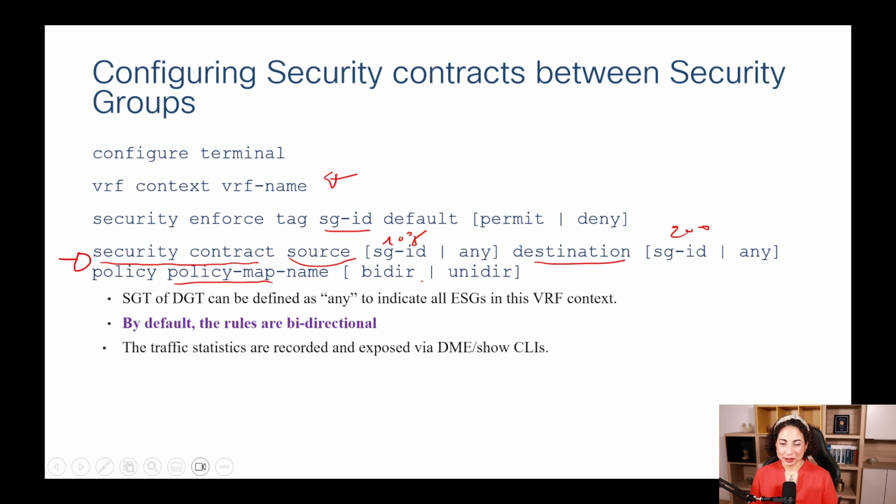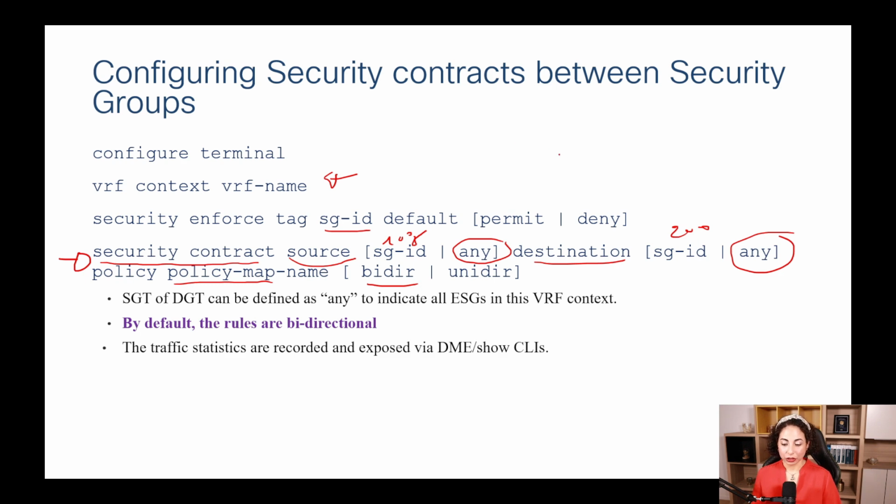There are many important points on this slide, so let's take the time to review them carefully. As you can see, we can match on any for the source and for the destination to do some kind of wildcards if we need, so we have this flexibility. Also, an important point: by default, the contracts are bidirectional.